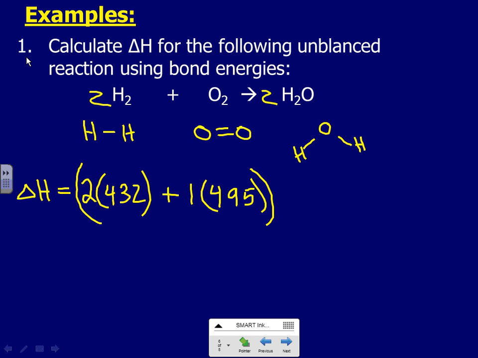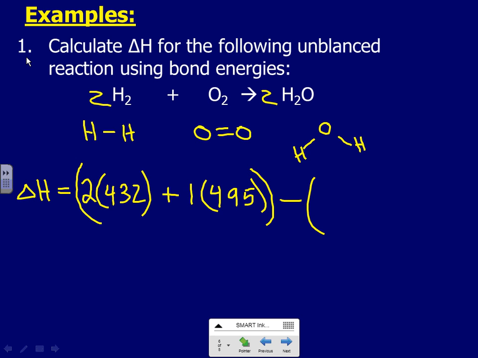Now I'm going to do the same for the products, except it's going to be subtracted away. HO, there's two of them in each water molecule, and I have two water molecules.